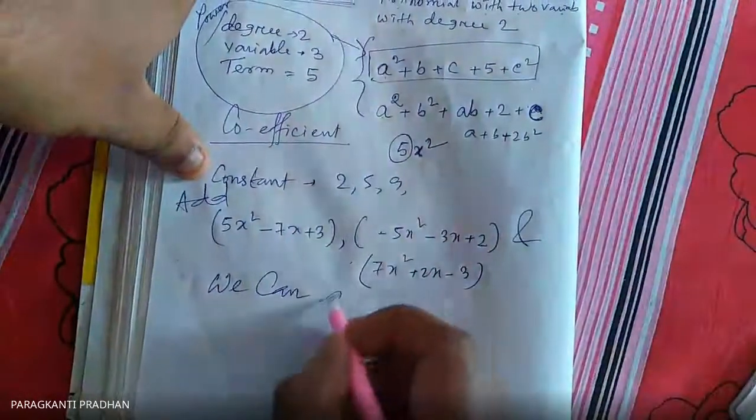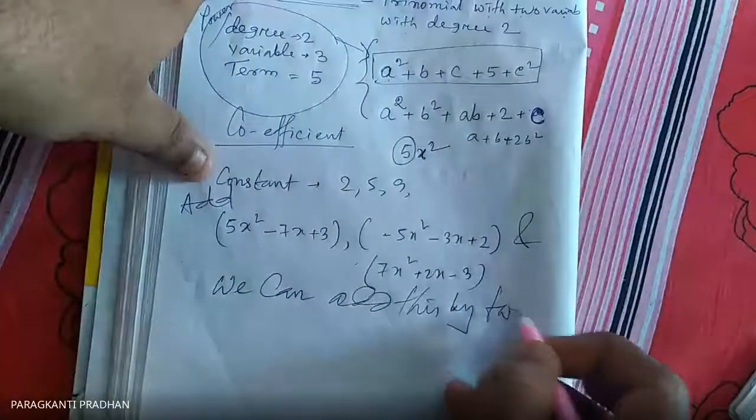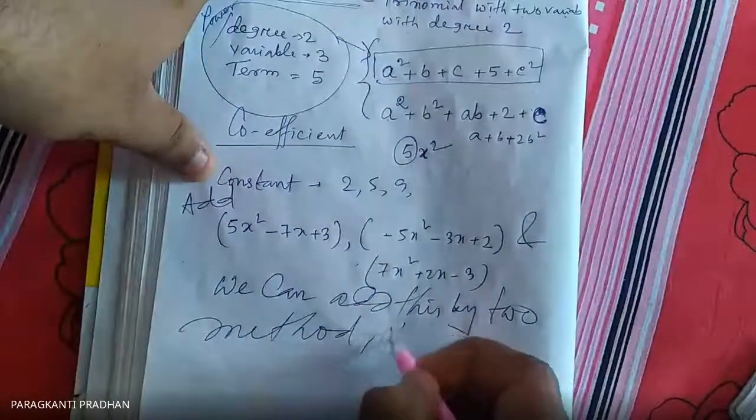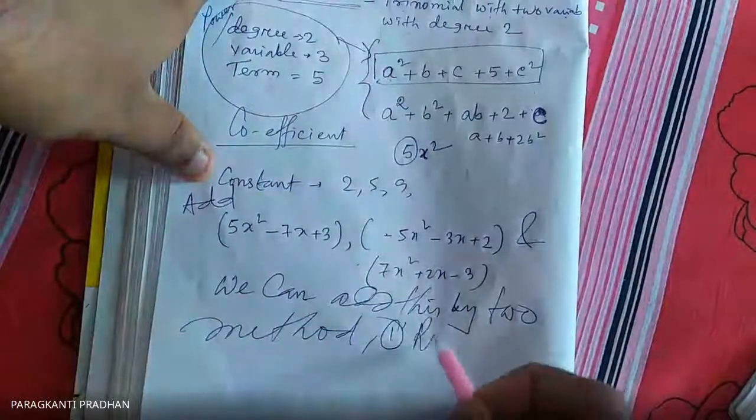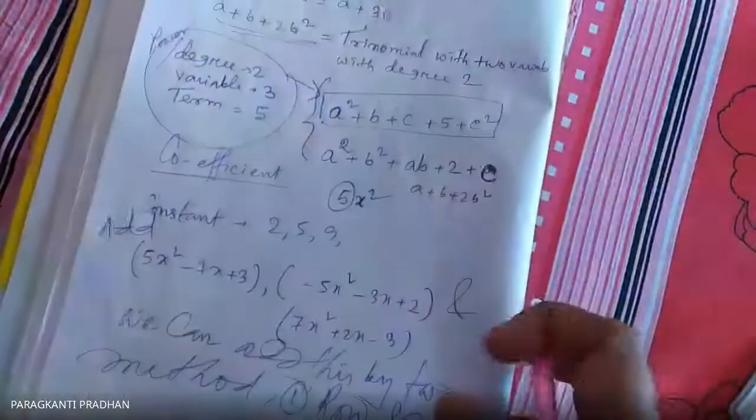We can add this by two methods. One is row and two is column. At first we are adding this by the column method.